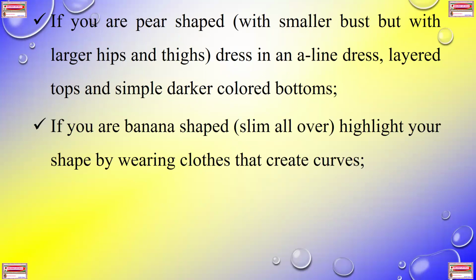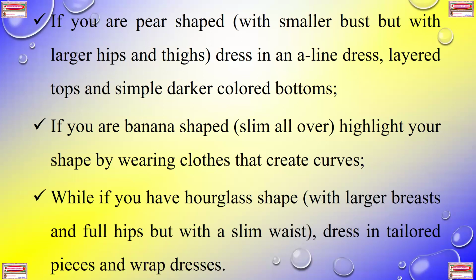If you are banana-shaped, who is a banana-shaped lady? A banana-shaped lady is a lady who is slim all over. So if you are slim all over, that is, if you are a banana-shaped lady, highlight your shape by wearing clothes that create curves.